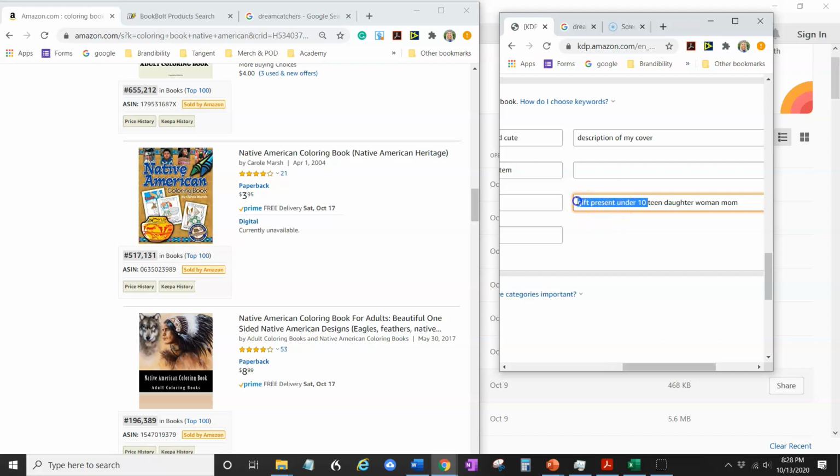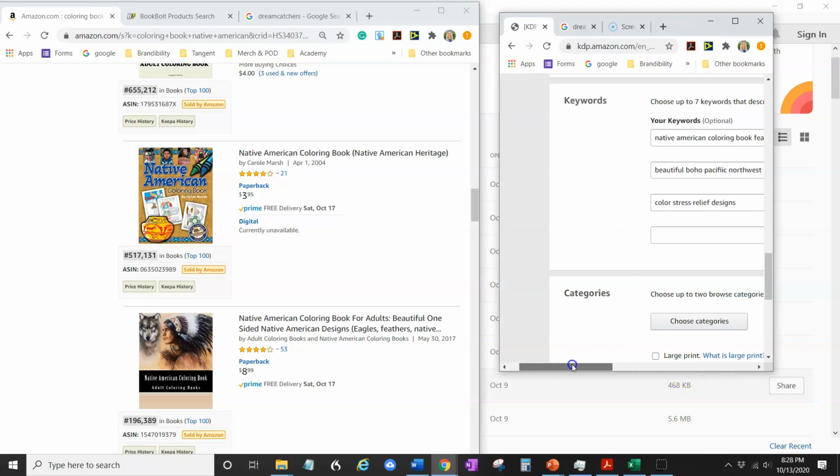In all honesty, I usually put present and then I put gift under 10, because gift under 10 is a really common long tail keyword. People search coloring book, gift under 10, under $10. They usually type $10, but Amazon's smart enough to know that under 10 means under $10.